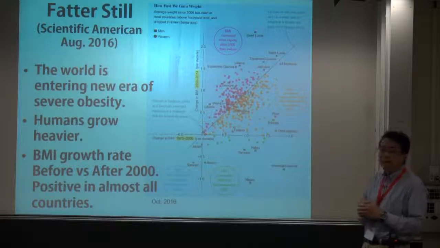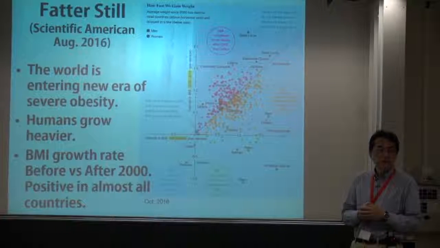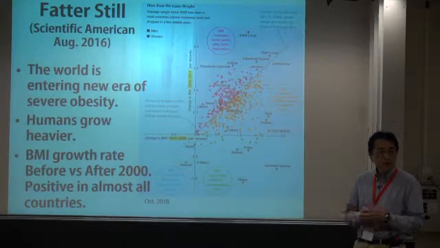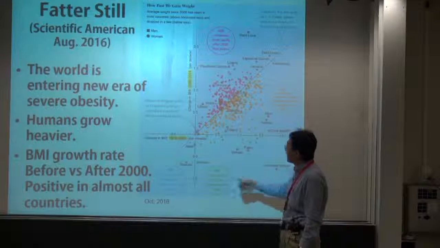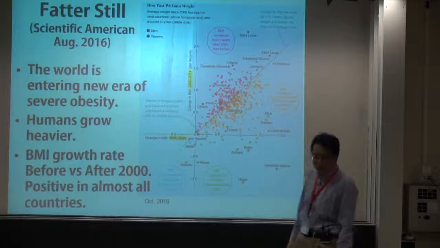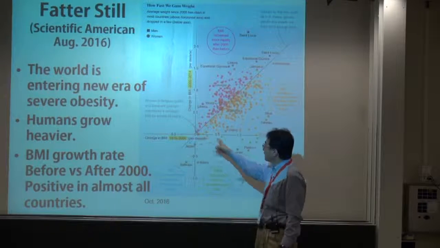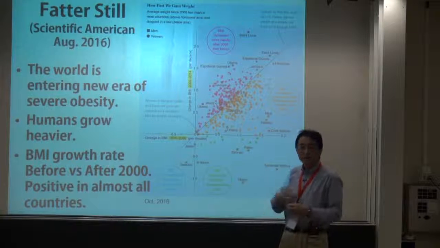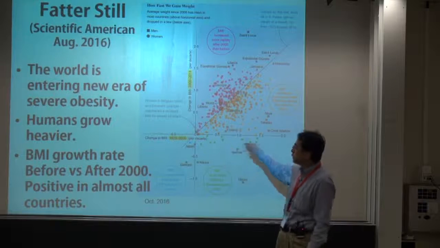And it claims that the world is entering a new era of severe obesity, and humans grow heavier. The infographics is pretty interesting. Let me explain a little bit. The horizontal axis shows the BMI growth rate before 2000.